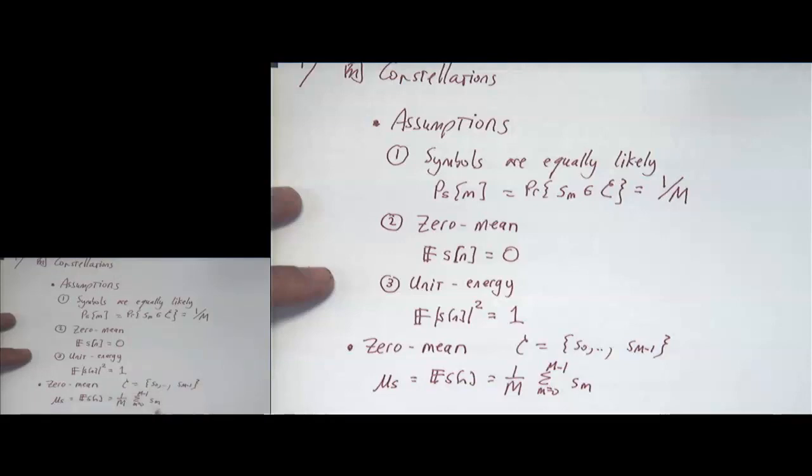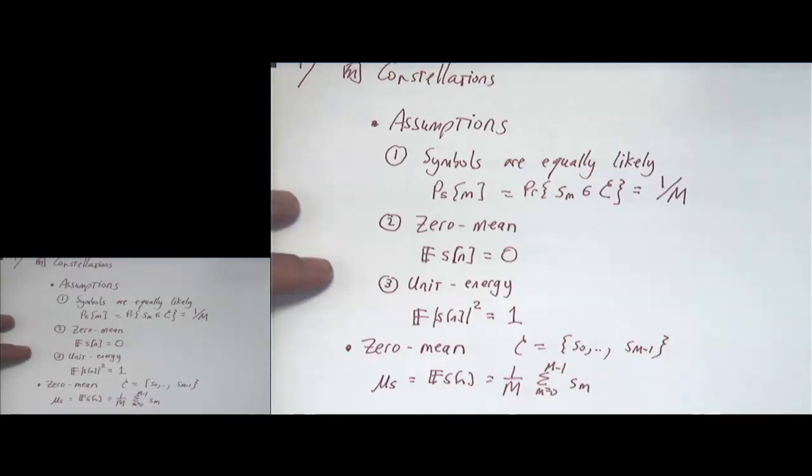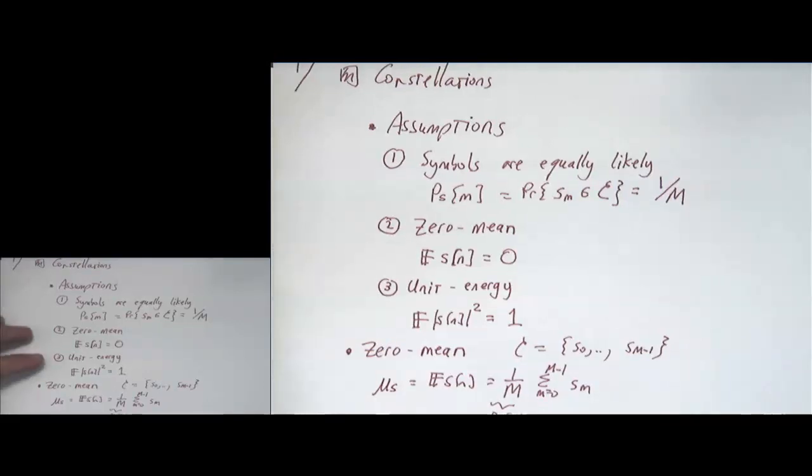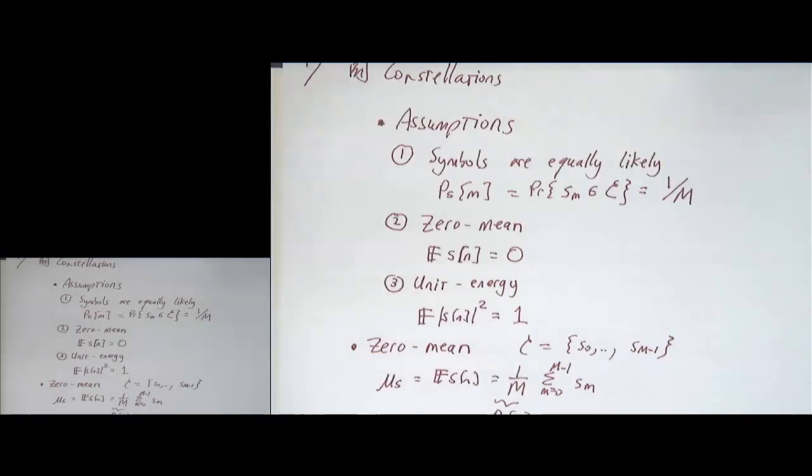Now, we don't have the probability in here, it's 1 over M. So that's what this 1 over M is here, right? So we're computing the expectation of just a finite valued sequence here. It's a finite valued random variable. And because they're equally likely, this right here is the probability mass function here. Okay, so that's the mean. That should be easy to compute, given what you learned from previous courses.